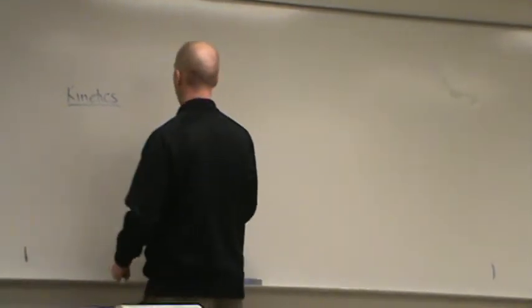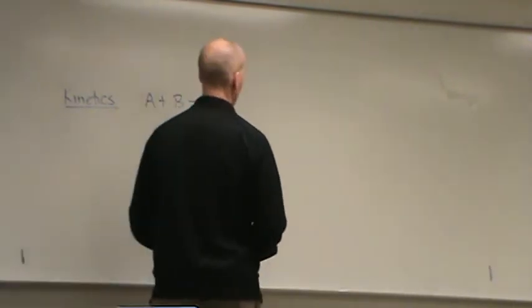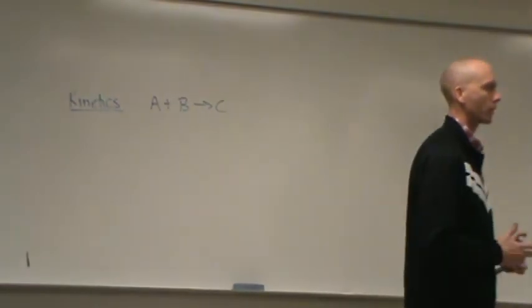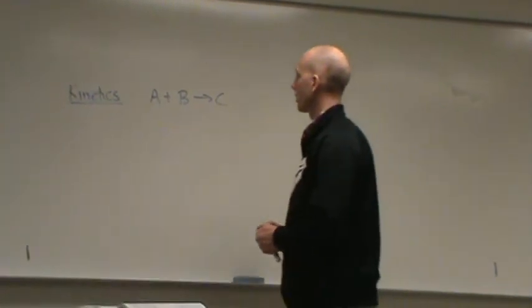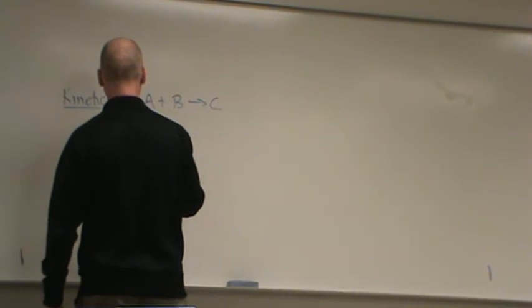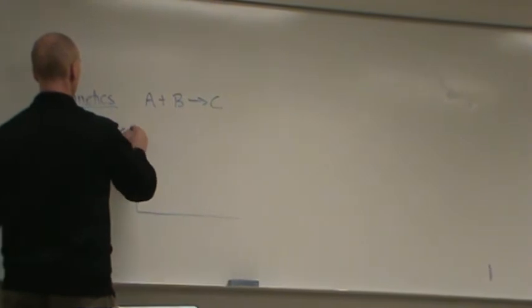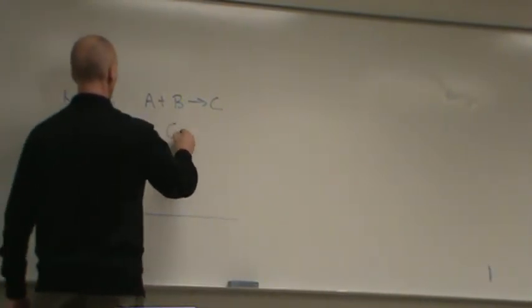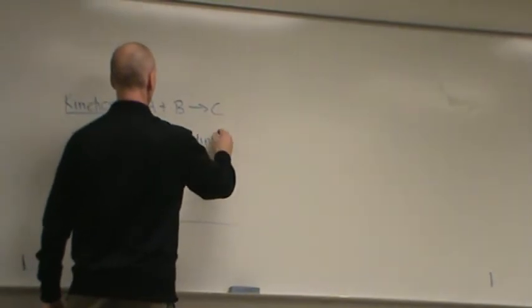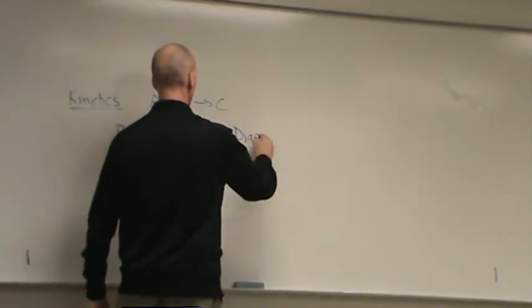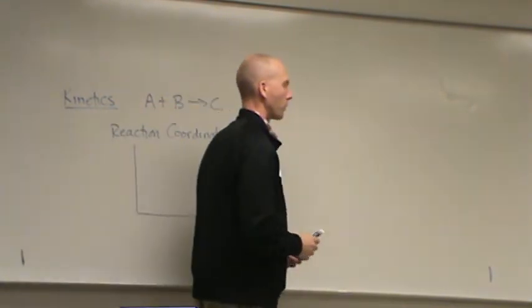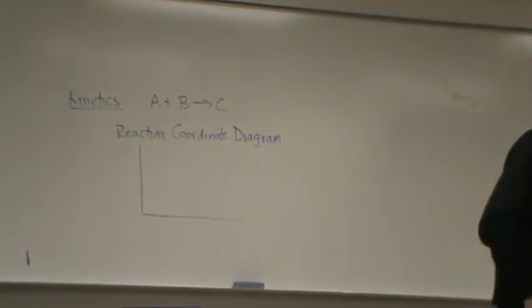And let's suppose we had a reaction here that we will just symbolize as A plus B going to C, whatever those things are. And let's look at the reaction using a graph here that we'll call a reaction coordinate diagram.